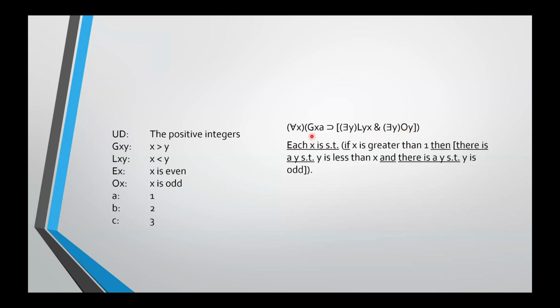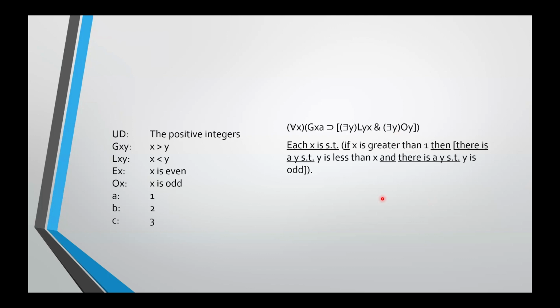So what this is saying is that if x is greater than 1, then there is some number that is less than x, which is kind of obviously true, right? If x is greater than 1, then 1 is going to be less than x. And there's also a number that's odd, and it's not necessarily the same number because this is not under the same quantifier as this.